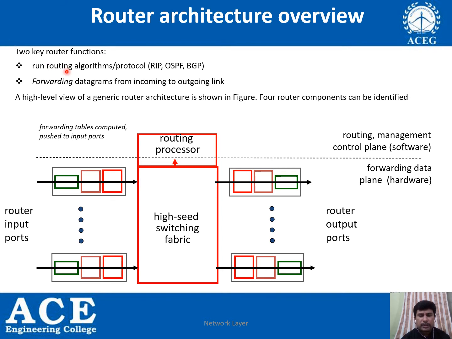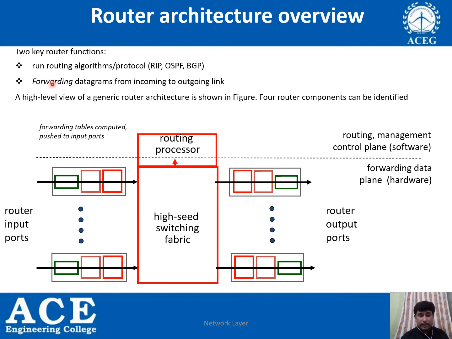So two major functions performed by the router in the network are, first, whenever a datagram reaches a router, it receives it from the input port, and using the forwarding table it has to send it to the appropriate output port or link interface. This particular function delivered by the router we refer to as the forwarding function, forwarding the datagrams from incoming to outgoing link.